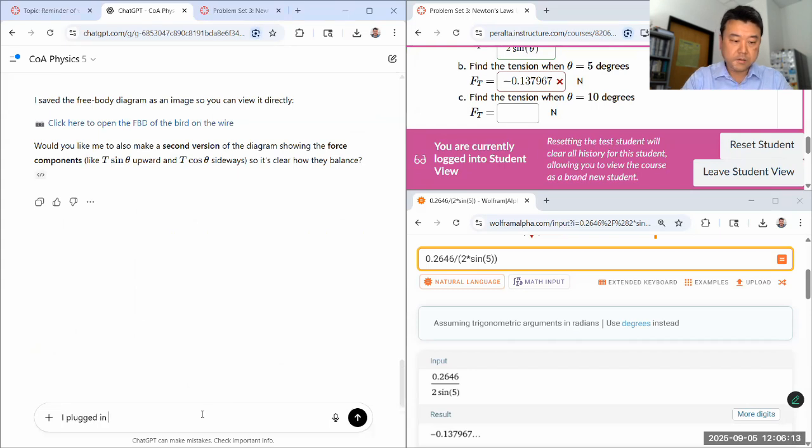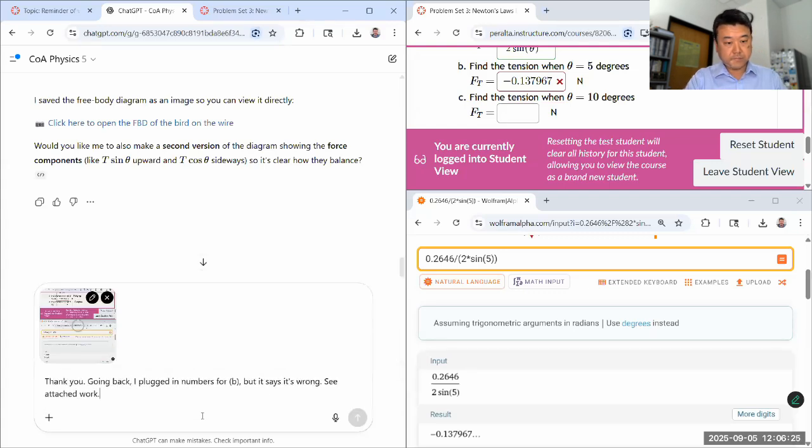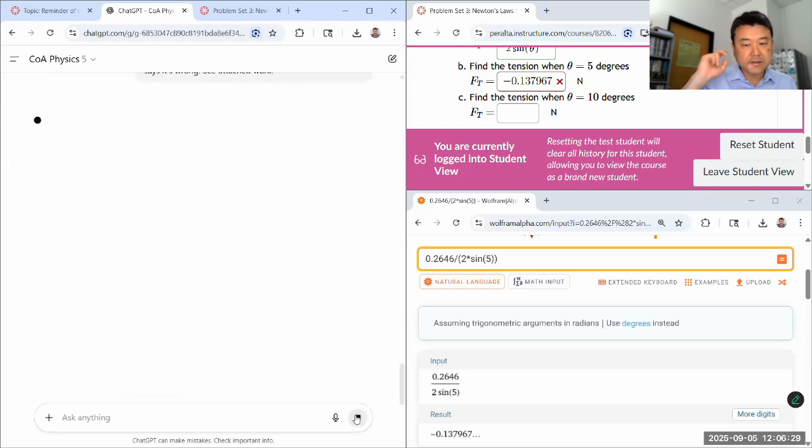I plugged in numbers for B, but it says it's wrong. C attached work. Oh, thank you. Going back. And then I have another mistake that I can make. I did this grouping so that the division by sine of the angle works out correctly.